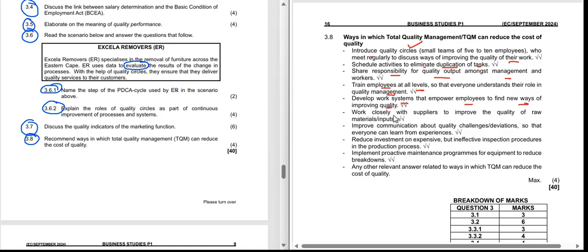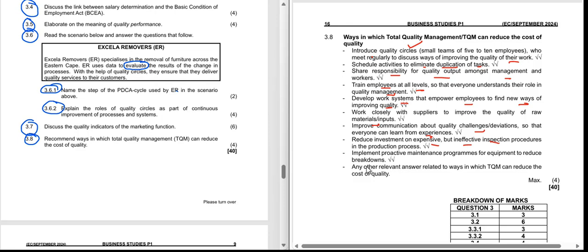Work closely with suppliers to improve the quality of raw materials. That's another one. Improve communication about quality challenges, deviations, so that everyone can learn from experiences. Reduce investment on expensive but ineffective inspection procedures in the production process. So all these things, a company can do, or total quality management can do, to reduce the cost of quality.